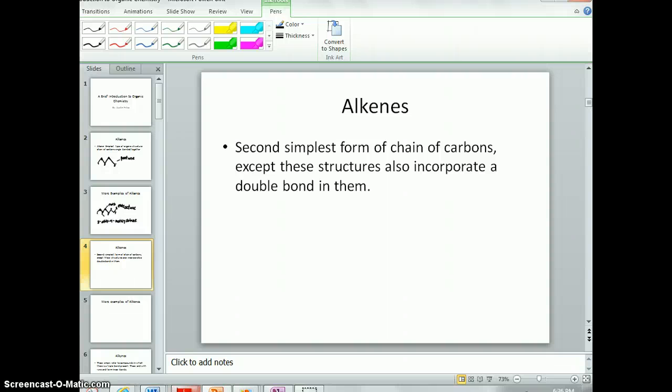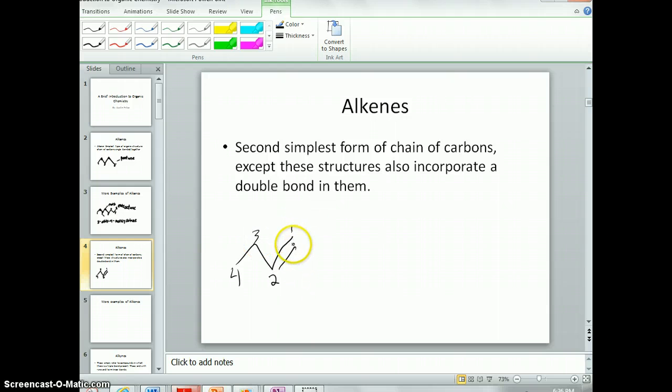Alkenes, again, are very similar to the previous alkanes, except now we have a double bond. If we were to draw something like this and have our bond there, we would always start numbering at the beginning of the double bond. That's just a rule of thumb.